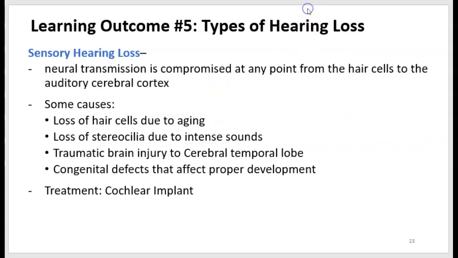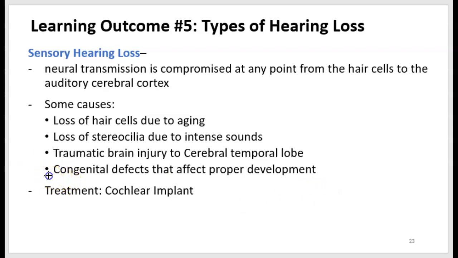And then there's also the case of just plain old congenital defects. And in that case, there's probably not proper development of the cochlea. Or I suppose it could also be improper development of something in the middle ear.